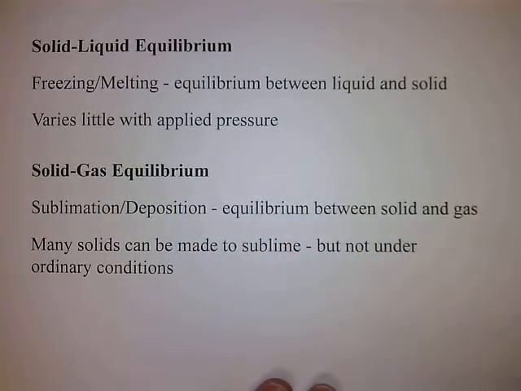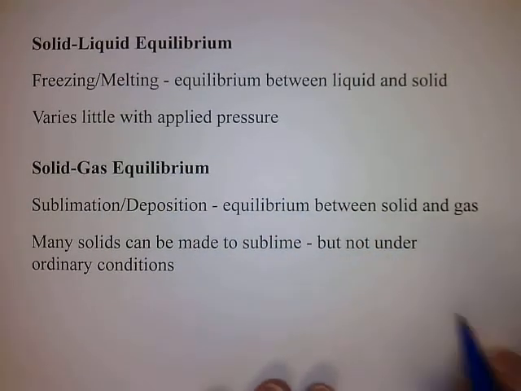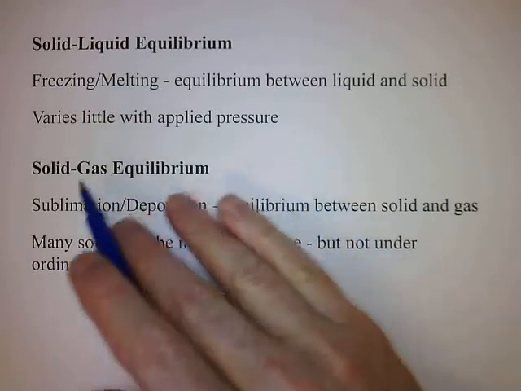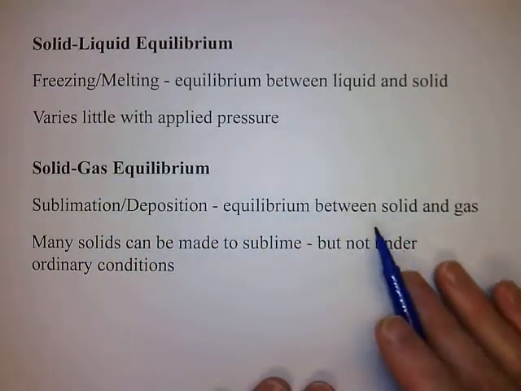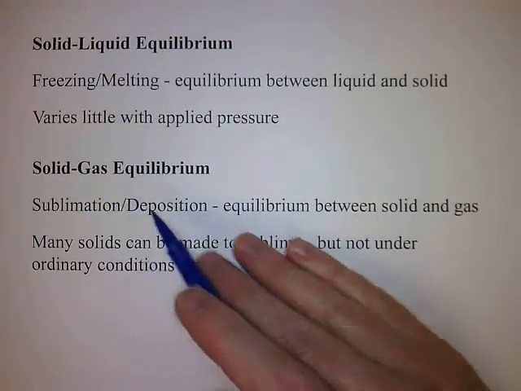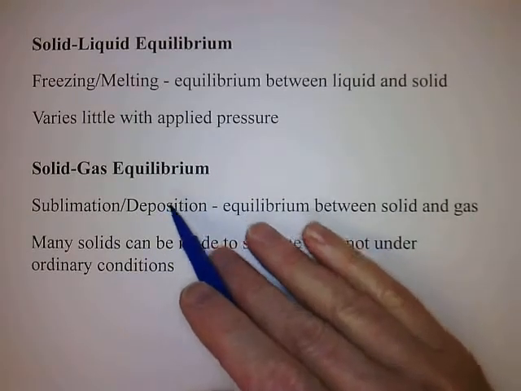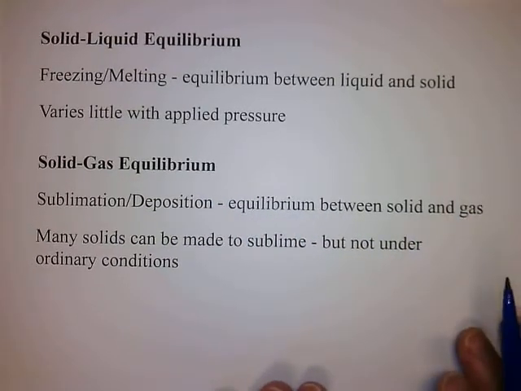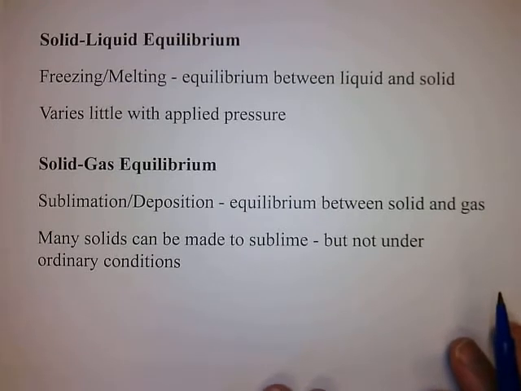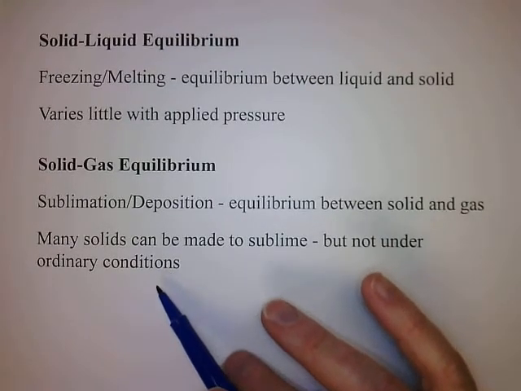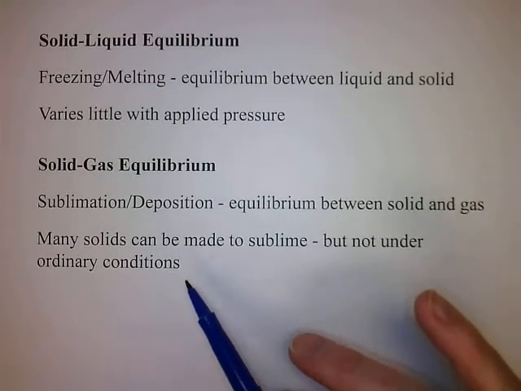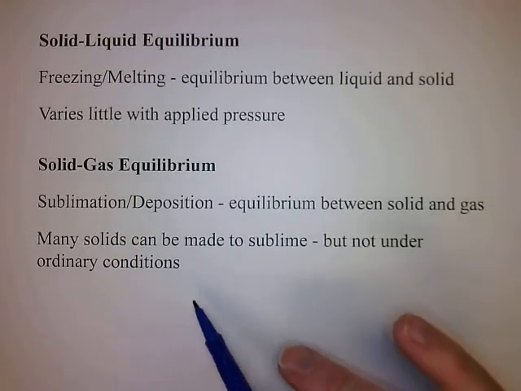Okay. Solid gas equilibrium, sublimation, deposition. Okay, that's the equilibrium between a solid and a gas, right? Sublimation is solid to gas, deposition is gas to solid. I will say this, that many solids can be made to sublime, just not under ordinary conditions, right?